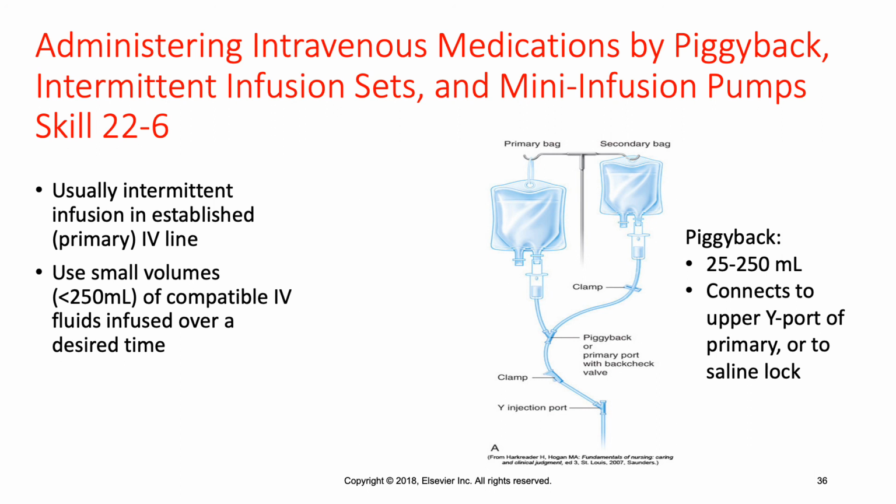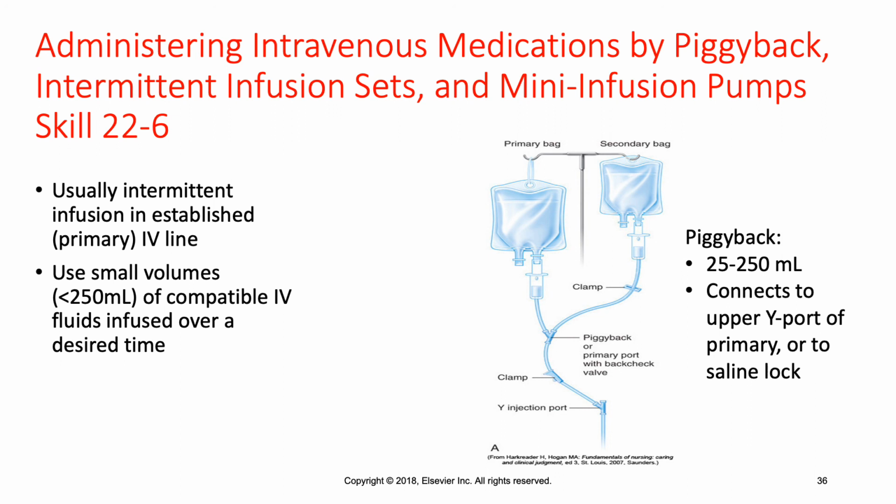Skill 22-6 is administering IV medications by piggyback, intermittent infusions, and mini infusion pumps. So all of these methods are an intermittent type of infusion that usually goes through a primary IV line.